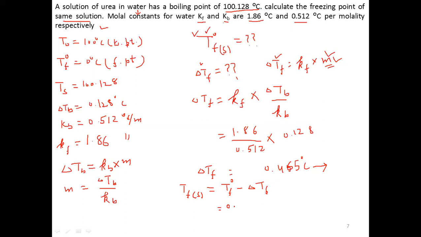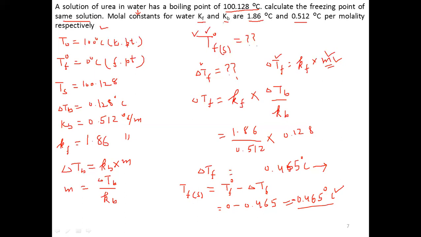It is 0 minus 0.465, which is minus 0.465 degrees Celsius. This is the freezing point of the solution of urea whose boiling point is 100.128. So this was an easy numerical.